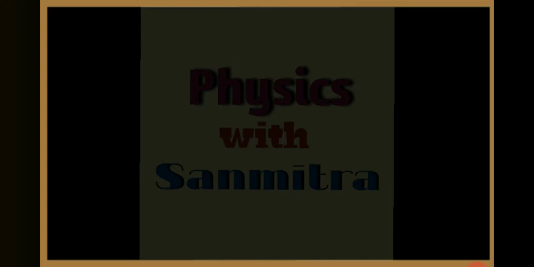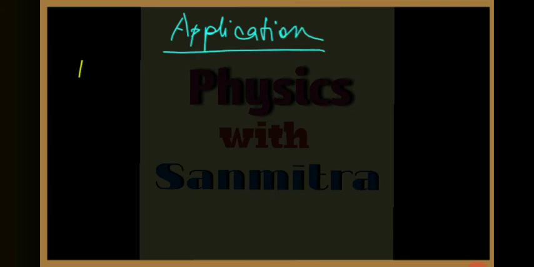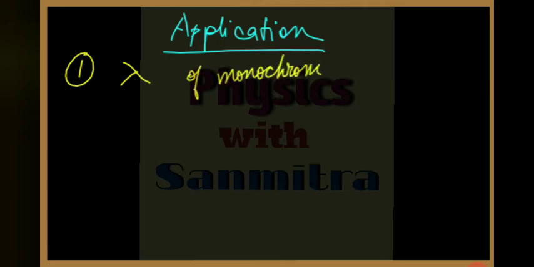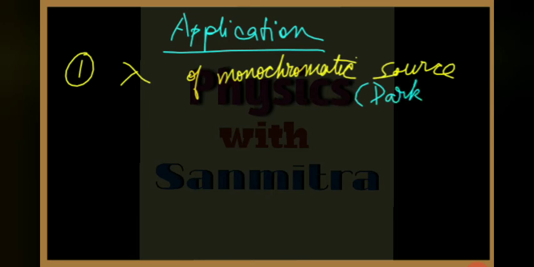Now let's look at the application of this setup. The first application is to find the lambda, that is the wavelength of a monochromatic source. Let's take the nth dark ring. I told you we use the dark ring because it is easier in the computation.